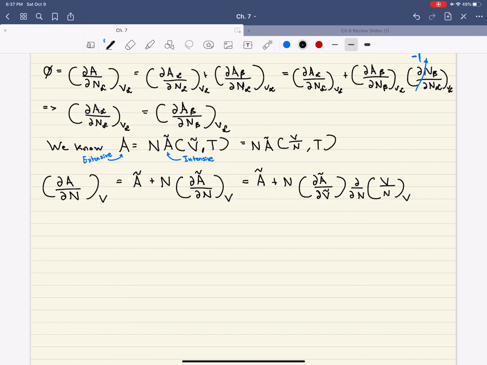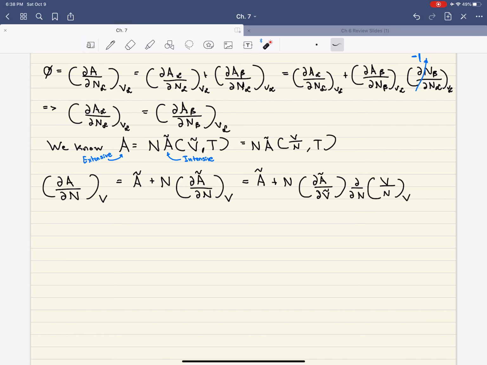Okay? Where the step I took here is essentially, I did the expansion rule such that I rewrote dA dN as dA over dV times dV over dN, right? And so here, I just wrote out V squiggly. But in this partial derivative, I expanded out the V over N, okay?